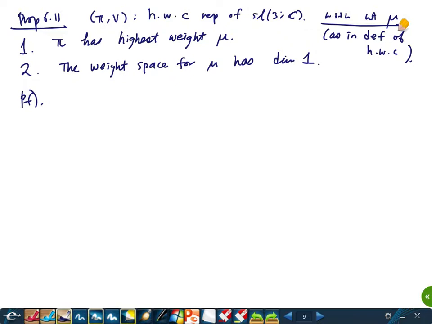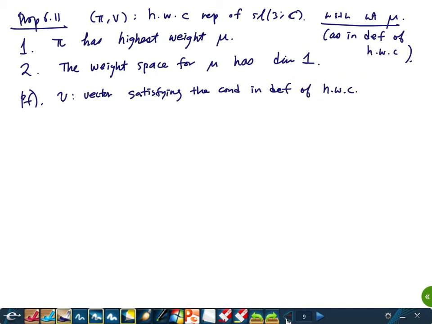All right. So, proof. Let's say V is a vector satisfying the conditions in the definition of highest weight cyclic.